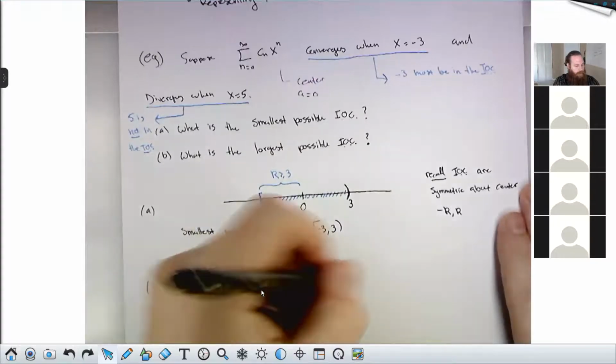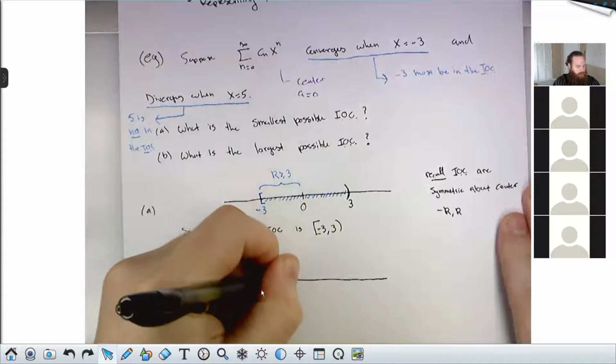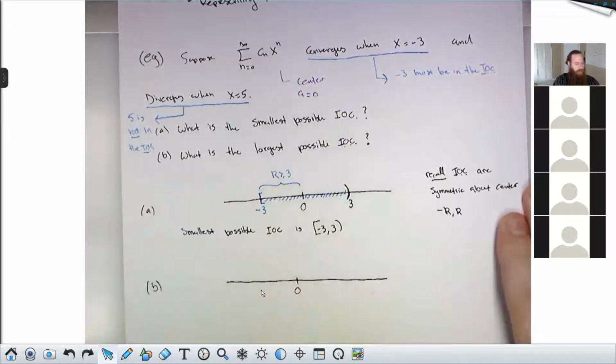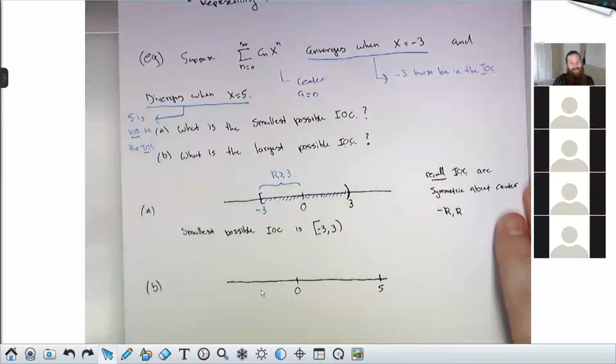So again, I come back to my number line. My series is centered at 0. I know that if I walk out here to 5, this guy is not in my interval of convergence.